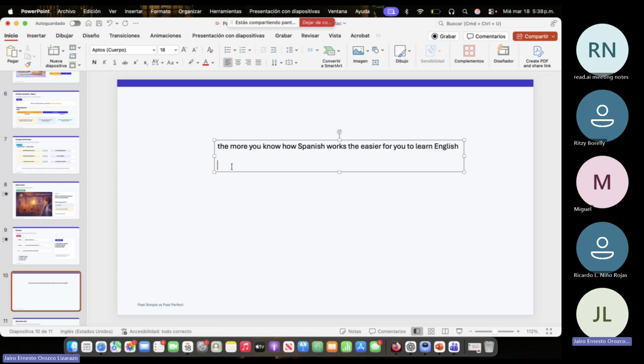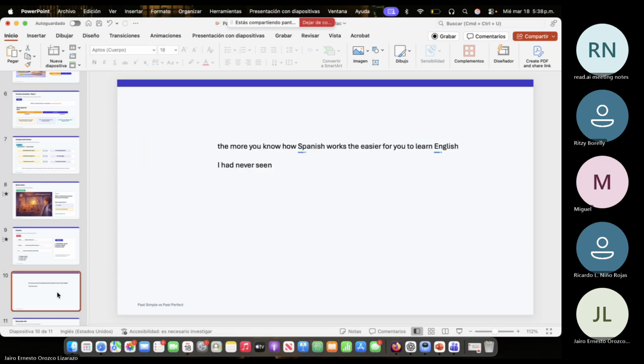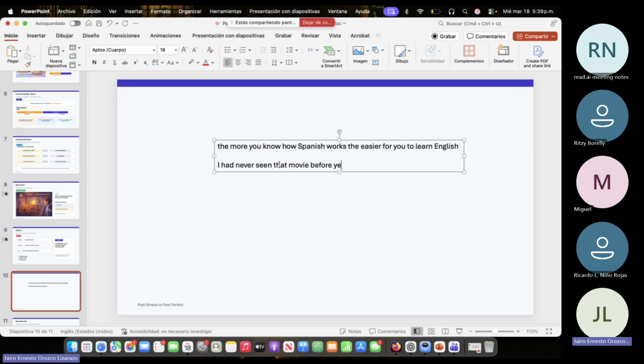I had never seen that movie before yesterday. If we want to translate this to Spanish, we can use the same grammar structure and we only have to translate, which is why the more you know how Spanish works, the easier for you to find how to translate a sentence.